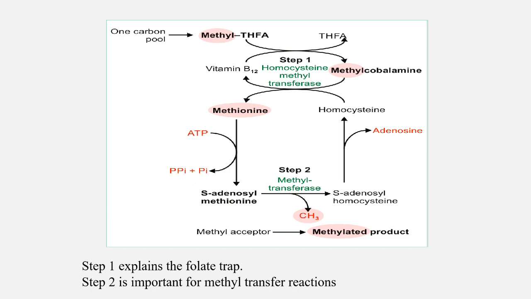This is the active form of methionine which will transfer the methyl group, CH3, to a methyl acceptor. The methyl acceptor may be serine, which will accept methyl to form choline. Guanidinoacetic acid will accept the methyl group to form creatine, and tRNA accepts the methyl group to form methyl tRNA. These are called methylated products.